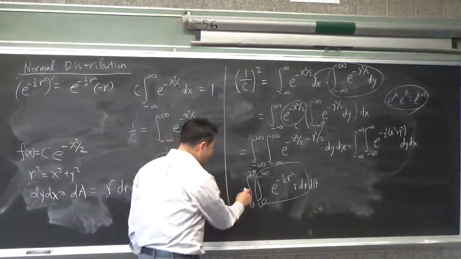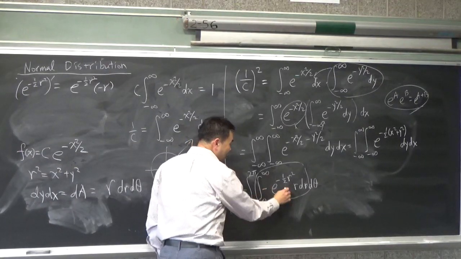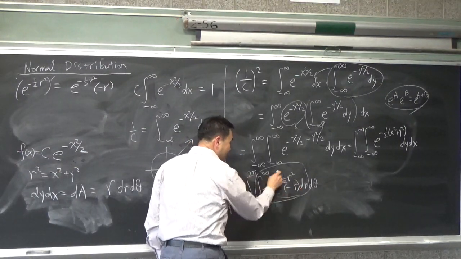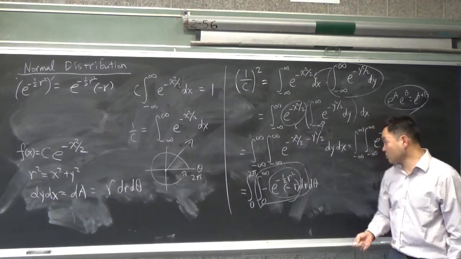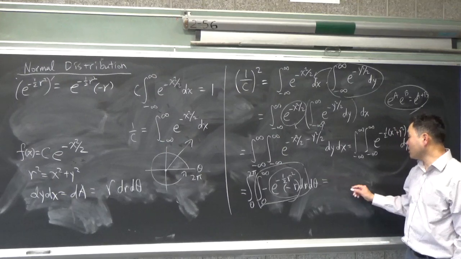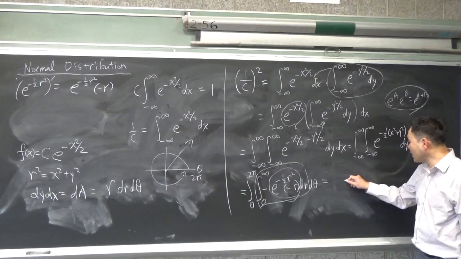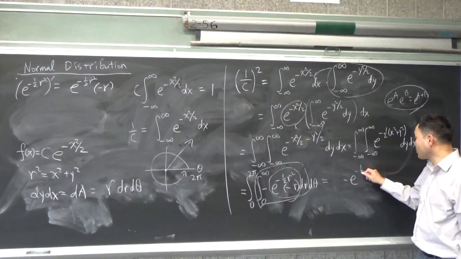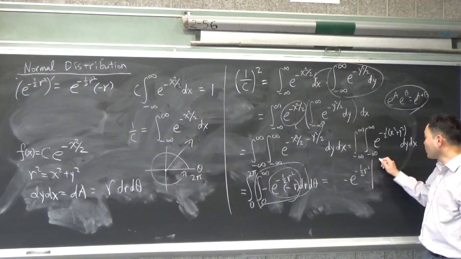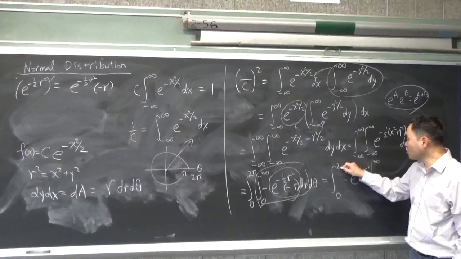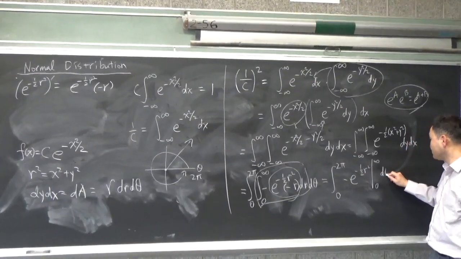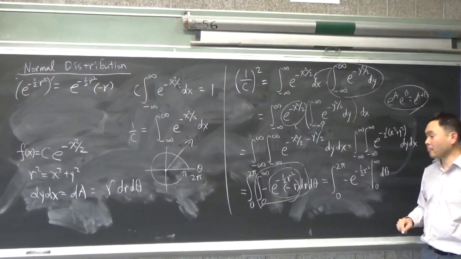So if you put a minus in front with a minus here, then this much is just the derivative of e to the negative 1/2 r squared. So that's going to be negative e to the negative 1/2 r squared, r going from 0 to infinity, and you still have to integrate from 0 to 2 pi for d theta. Okay?